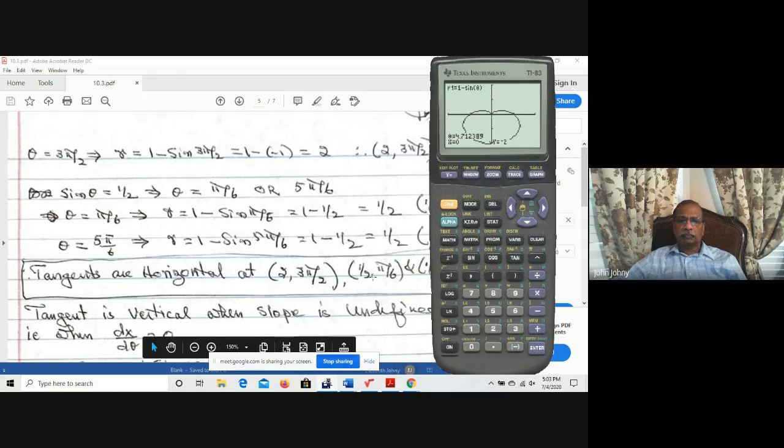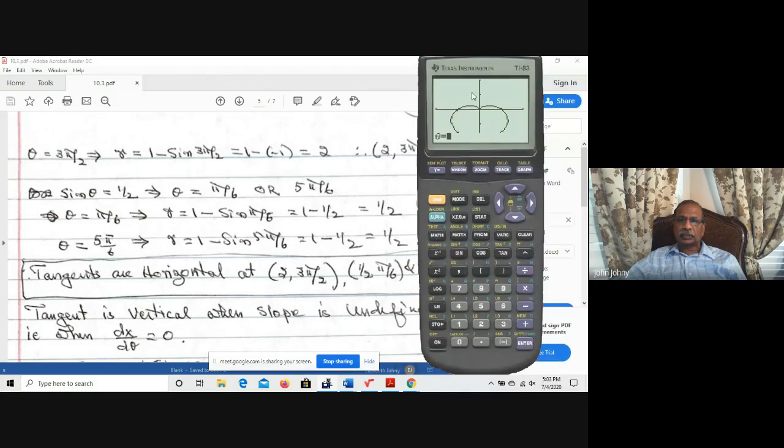Then 1 half, pi over 6. Second trace, value pi over 6. So here is the point. We can observe there also the tangent line is horizontal. Second trace, value 5 pi over 6.